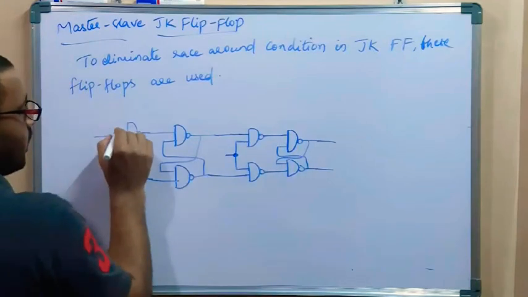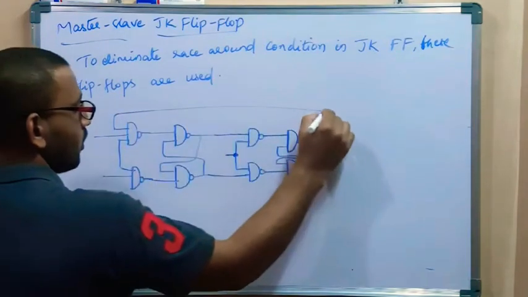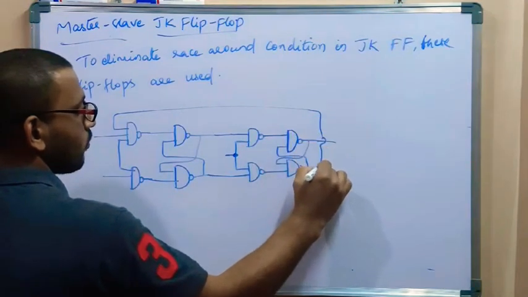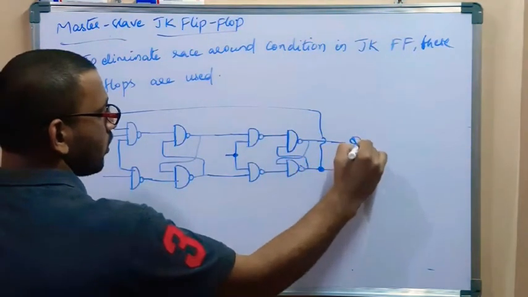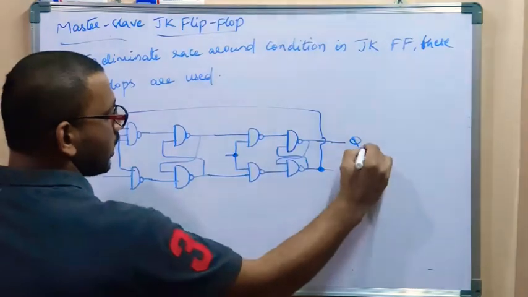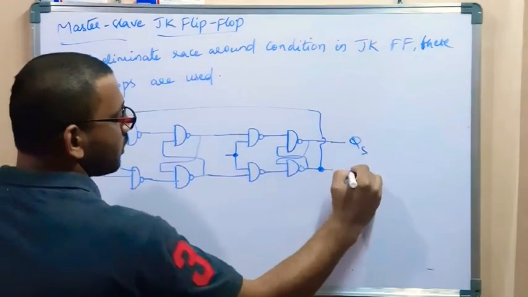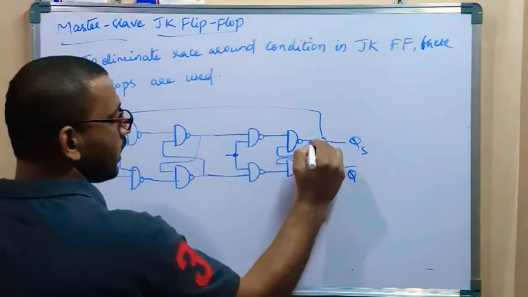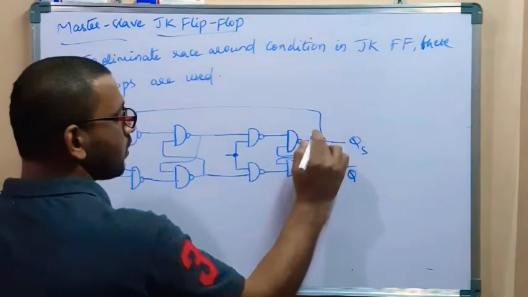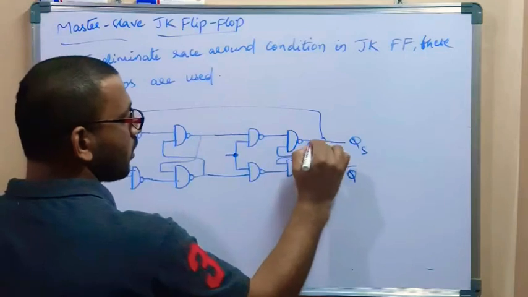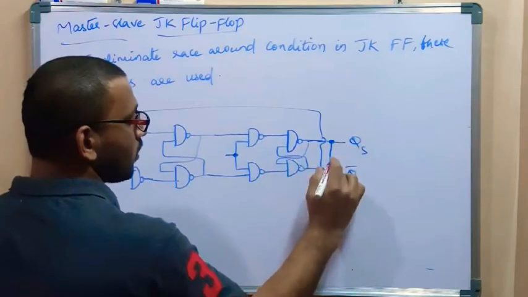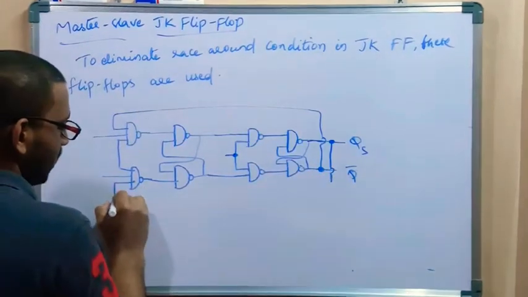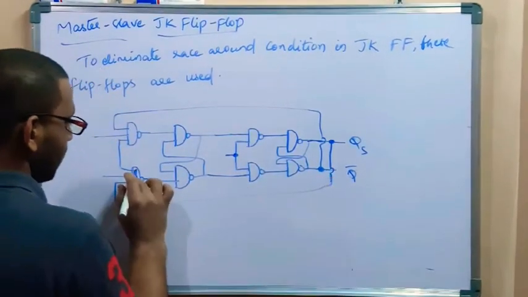What I will do here is I will connect this input from complemented output QS, that is slave output Q bar, and I will connect this from here. We will connect these inputs from here, right?